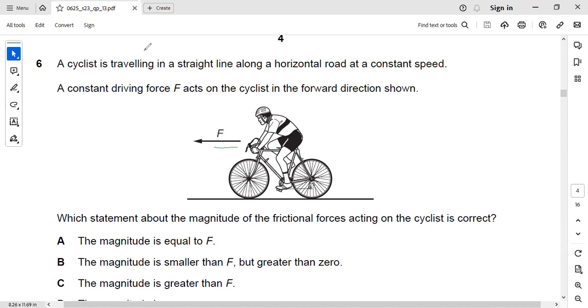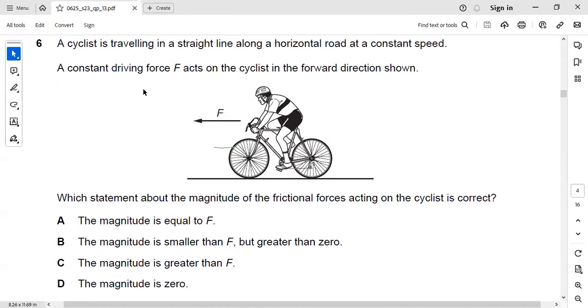At constant speed, with a constant driving force acting in the forward direction, the magnitude of the frictional force acting on the cyclist is equal in magnitude and opposite in direction to the applied force.